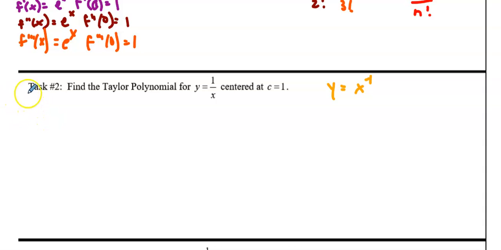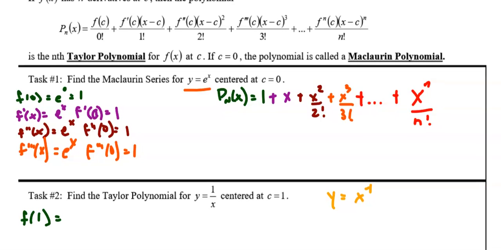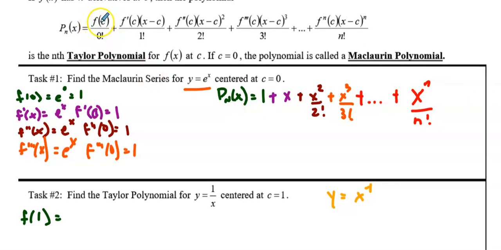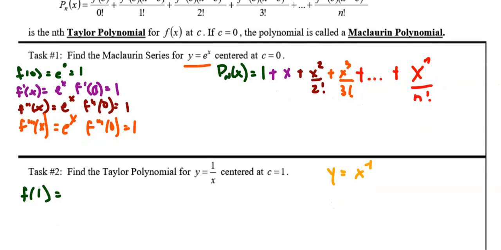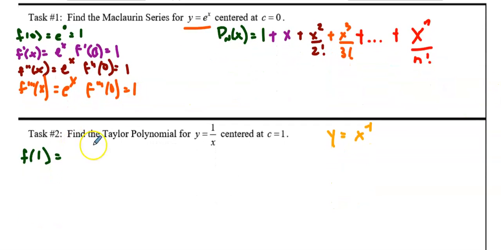Okay, so let's go ahead and plug in f of 1. Because remember, now our c value is 1. So we can't plug in 0, we're going to plug in 1 to every derivative that we have. And then we have to do the x minus 1 for each of our terms as well. So that's the only difference for this problem.